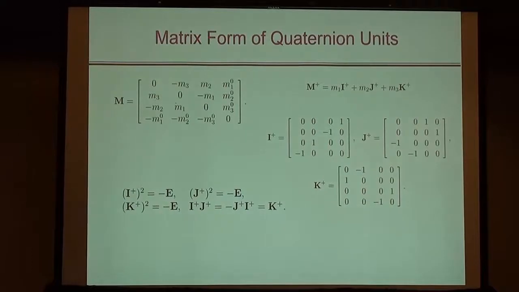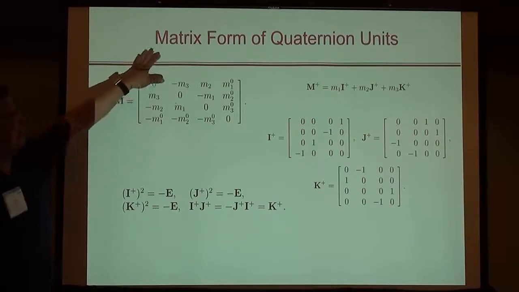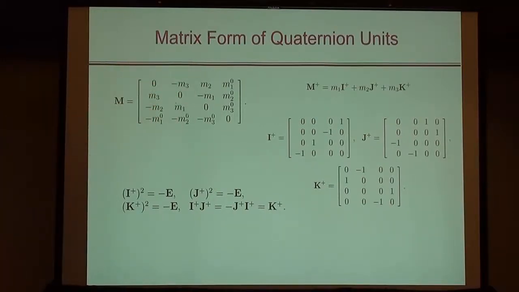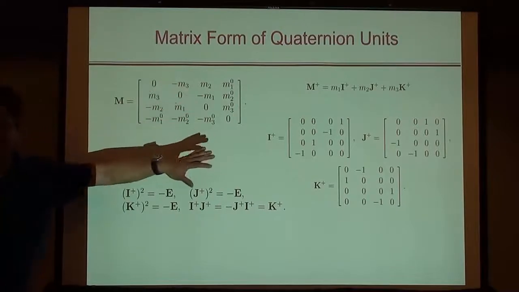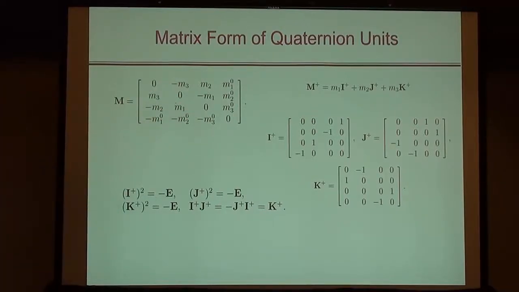Now this is a slide that I copied from one of my papers that describes matrix representation of quaternions. Okay? So the paper starts with a skew symmetric matrix in 4D space, okay?